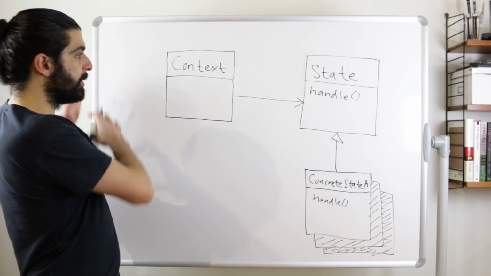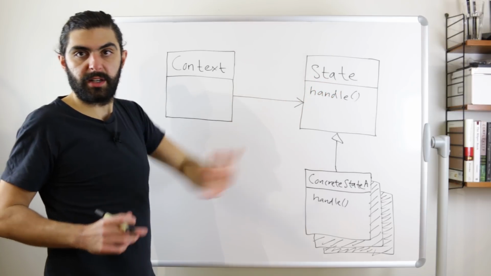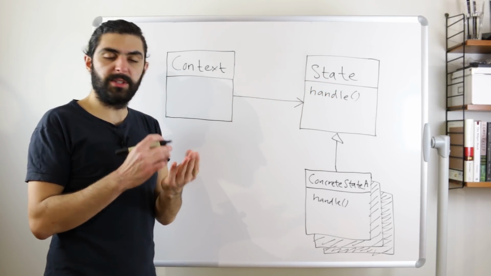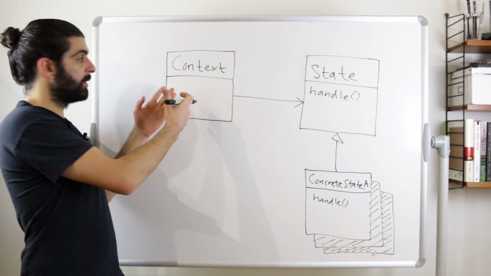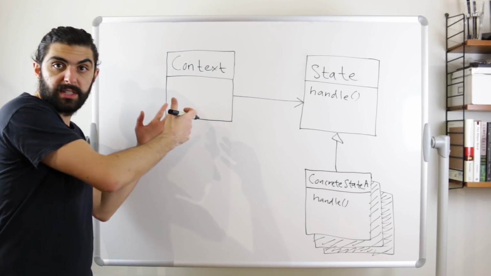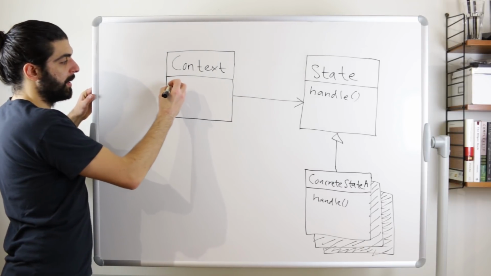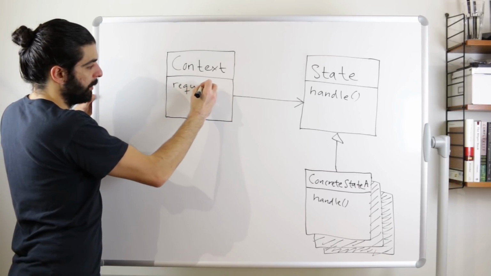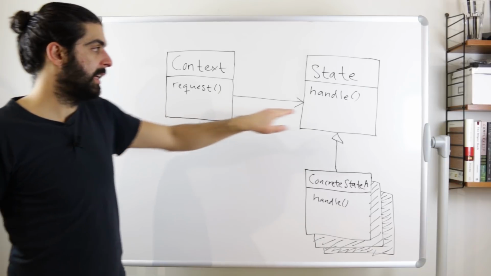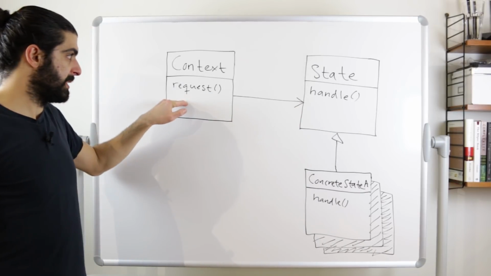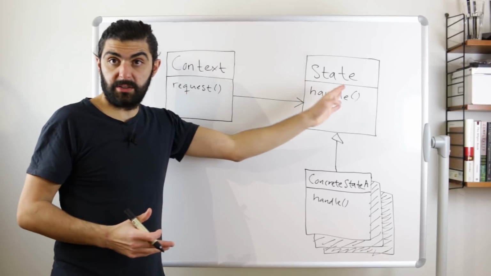But of course, whoever is using this particular turnstile is not interacting directly with the states. Again, as we were reading from the definition, the states are internal. So what somebody would use is the context. They would use the turnstile. They would interact with the turnstile. So here we have another method, which, for example, we could call request. And I assume the reason that people usually use a different name here than here is to emphasize that, of course, the interface of the context could be different than the interface of the state.